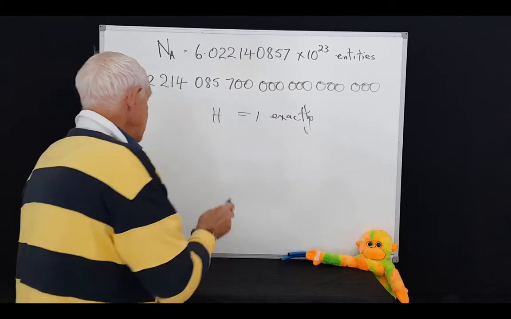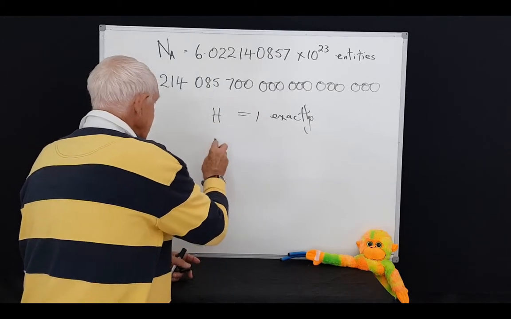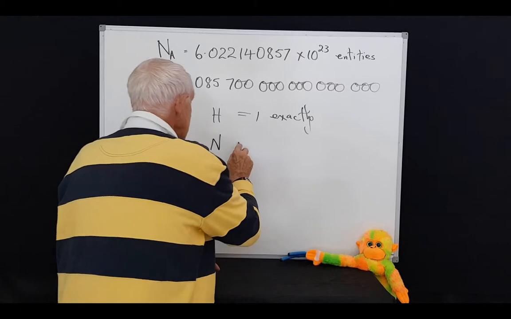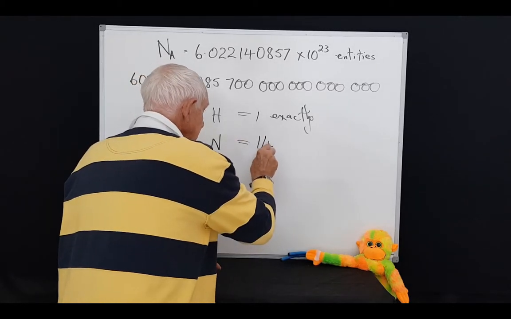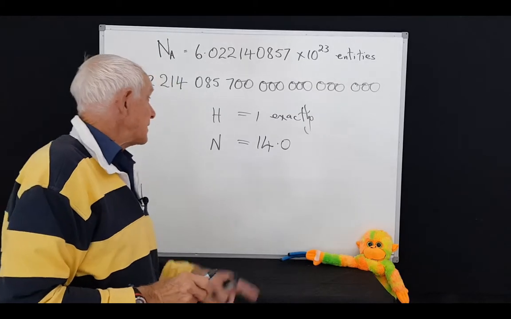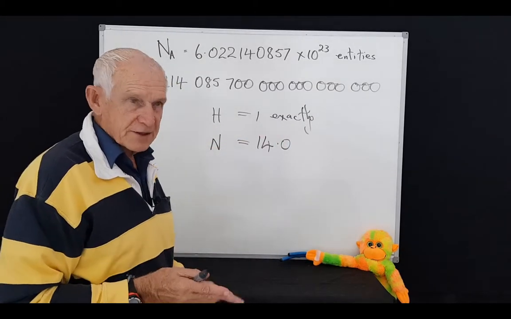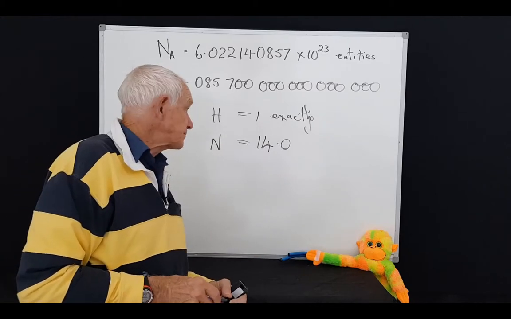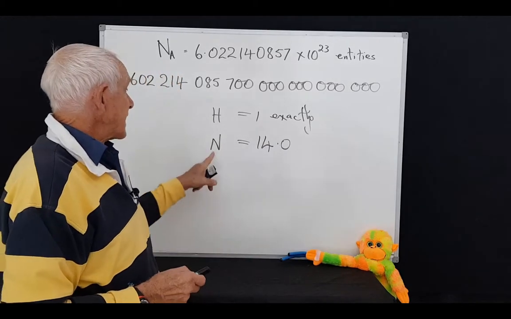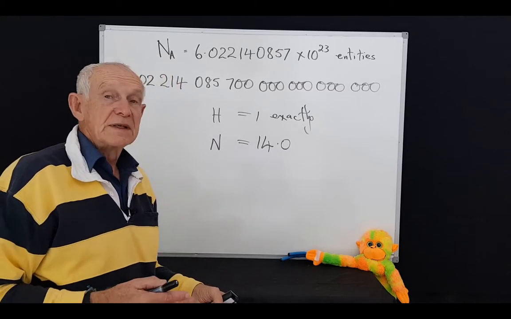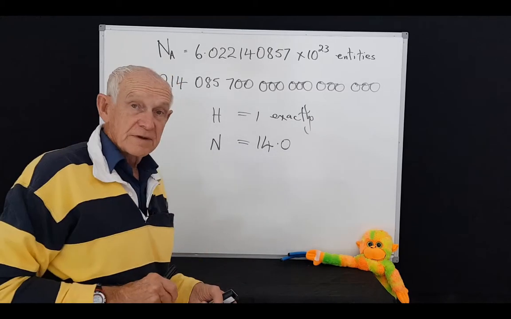And on this scale, we go up to, say, nitrogen, experimentally about 14.0, quite close to 14. This is by assignation; this is experimentally based upon that one. And that says that an atom of nitrogen is 14.0 times the mass of an atom of hydrogen.